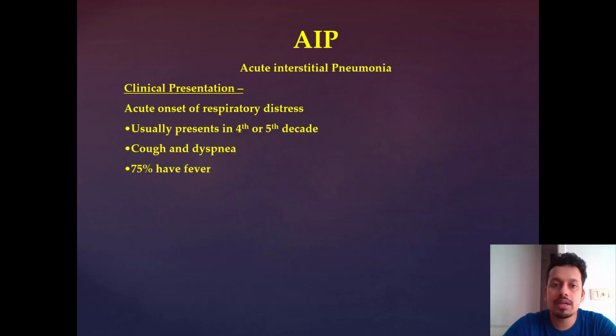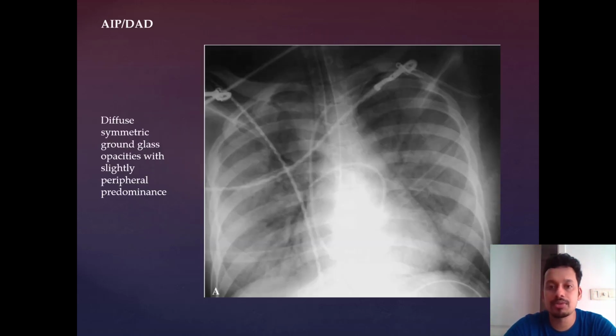So the patient has an acute onset of respiratory distress, usually in their 4th or 5th decade. Many patients have fever also. Some patients have gradually increasing deoxygenation, hypoxia, hypoxemia, and there are diffuse symmetric ground glass opacities with slight peripheral predominance.